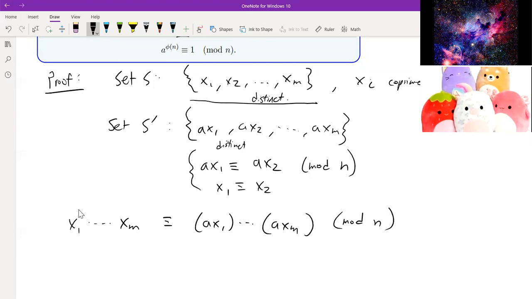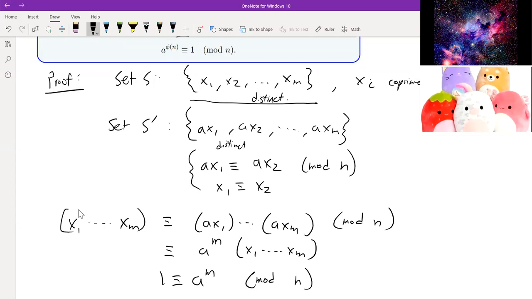If we factor out the a from each of these factors, this is congruent to a to the power of m times x1 through xm. Remember, since x1 through xm is still relatively prime to n, this expression has an inverse. So if we multiply both sides of this congruence by the inverse, we get rid of all of these x's, and we're left with 1 congruent to a to the power of m mod n.